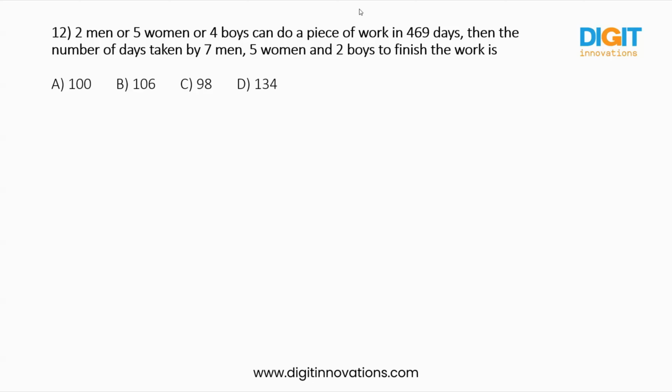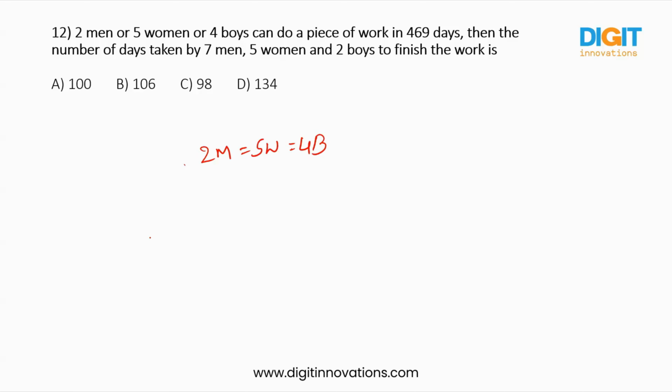Then the number of days taken by 7 men, 5 women and 2 boys to finish the whole work. How many days do they require? They're asking the question. Okay.